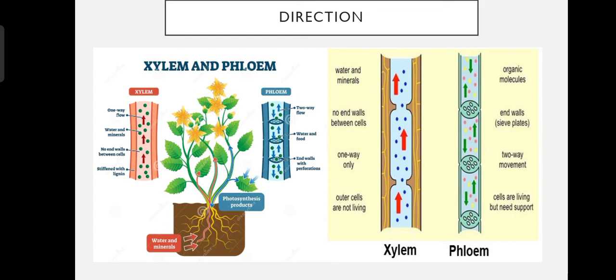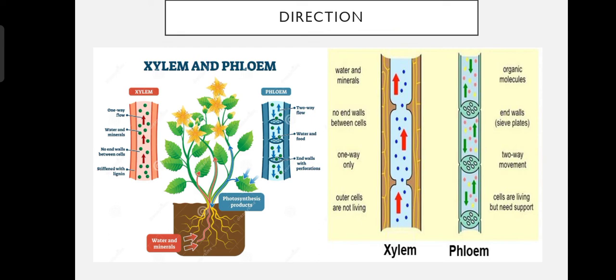And in phloem, they transport food to whole parts in upward direction also, in downward direction also. So two-way movement. In xylem, one-way movement, and in phloem, two-way movement. Xylem transports water and minerals. Phloem transports organic molecules.